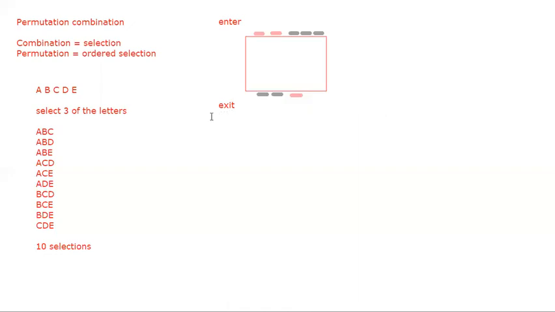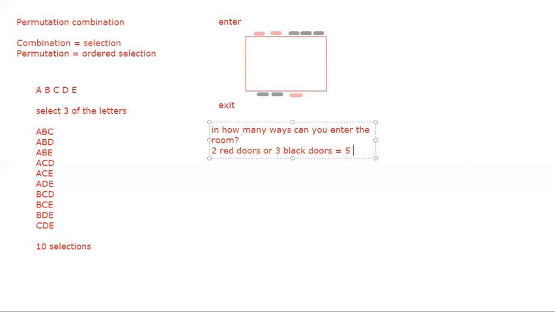Now I ask you a question. In how many ways can you enter the room? You will say 5, because there are 5 doors for entry: 2 red doors or 3 black doors, 5 doors in all.